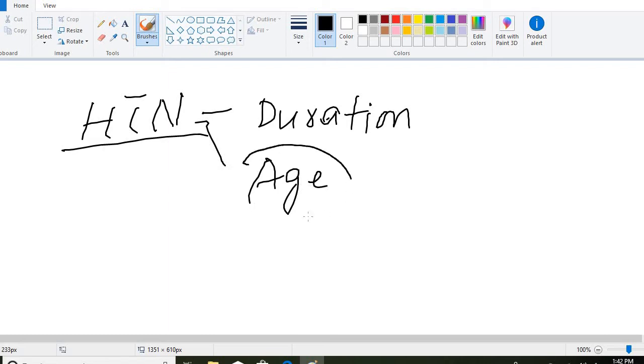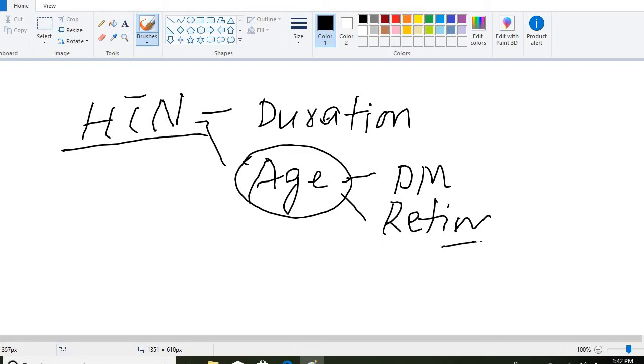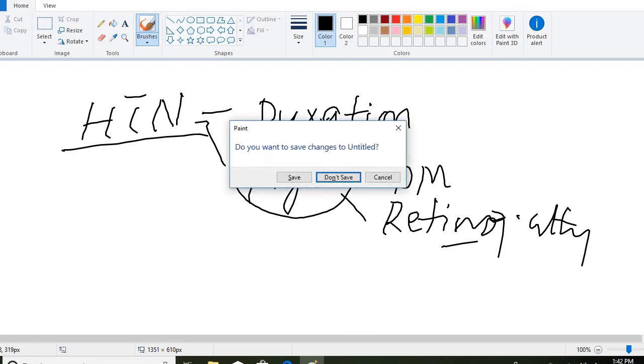If the patient is of old age, then he may have diabetes mellitus or retinopathy. These may develop hypertensive retinopathy. Systemic hypertension, duration, and retinopathy are the factors which contribute to hypertensive retinopathy.